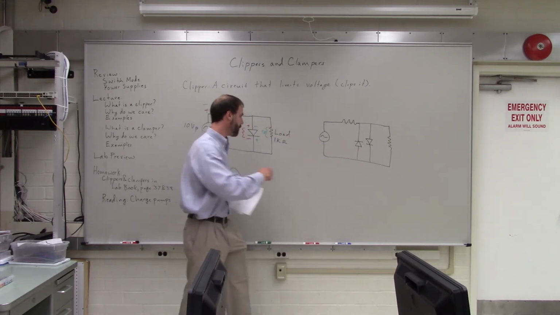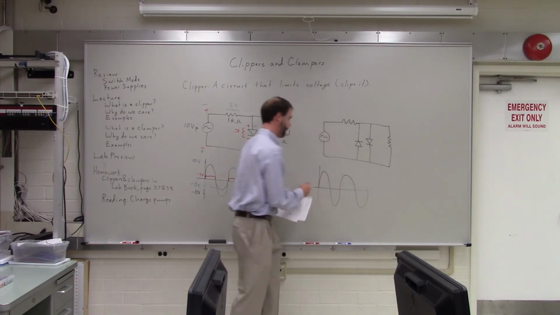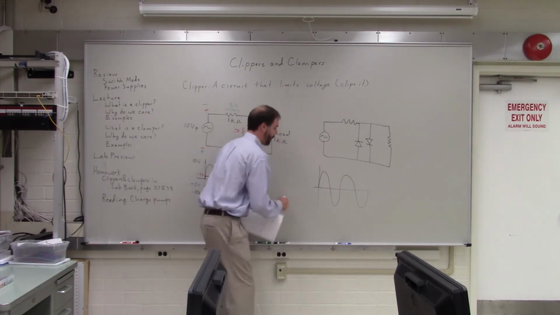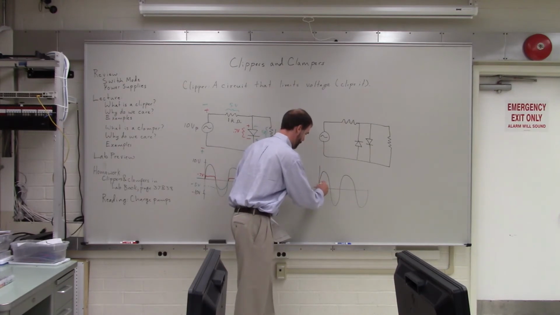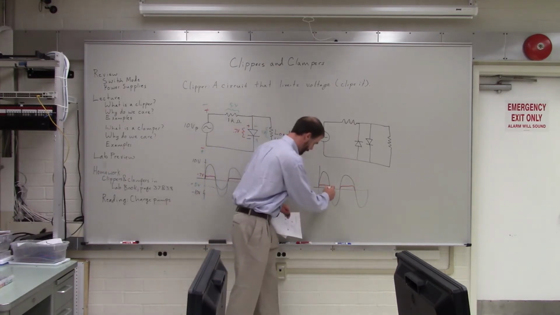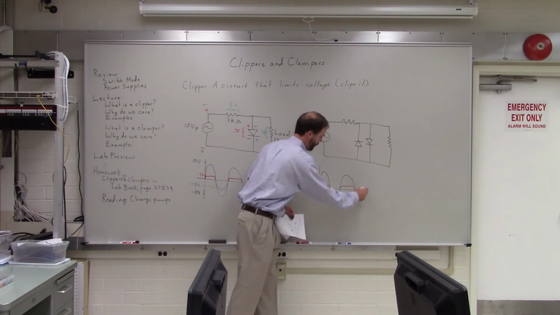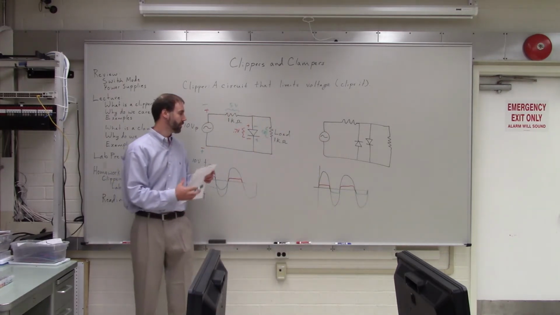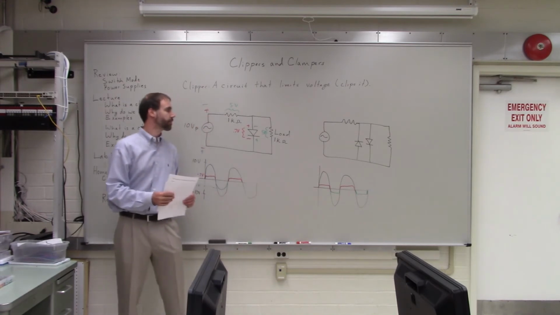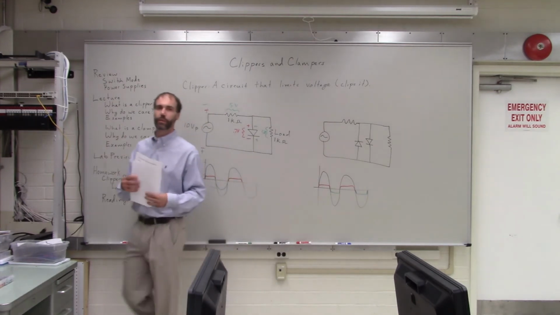So if you had an incoming signal that looked like this, like we had before, the output would be a maximum of 0.7 volts in the positive direction, and also minus 0.7 volts in the negative direction. Okay, like that. Does that make sense? Because one diode limits it in one direction and the other one limits it in the other direction.